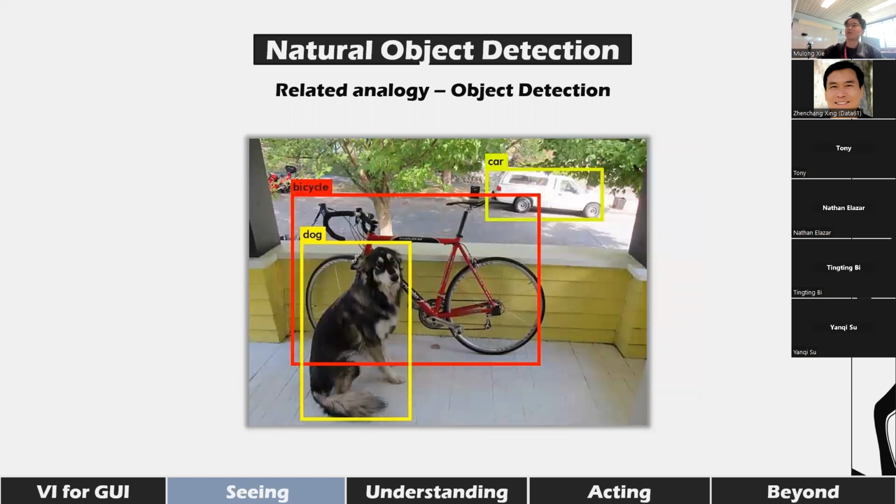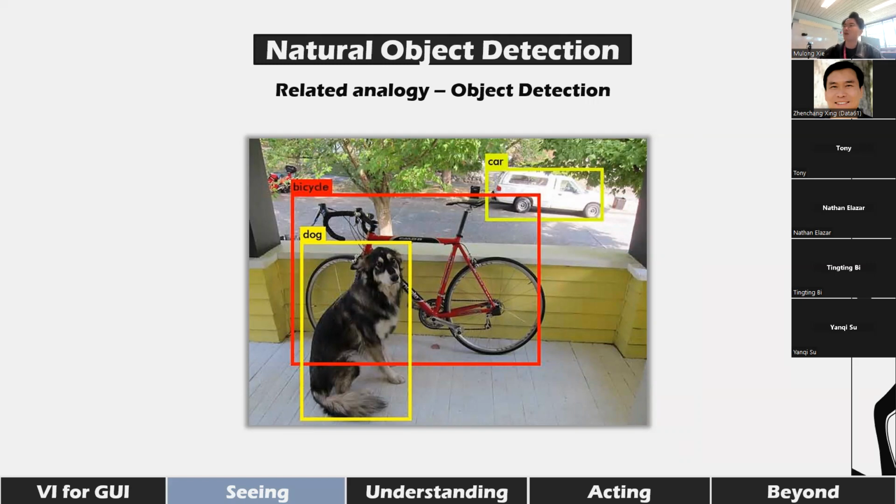General object detection is to extract or identify meaningful objects from natural photos. For example, here we have a photo, and the purpose of object detection is to detect the dog, the bicycle and the car from the photo, right? So it is quite similar to the objective of GUI element detection.